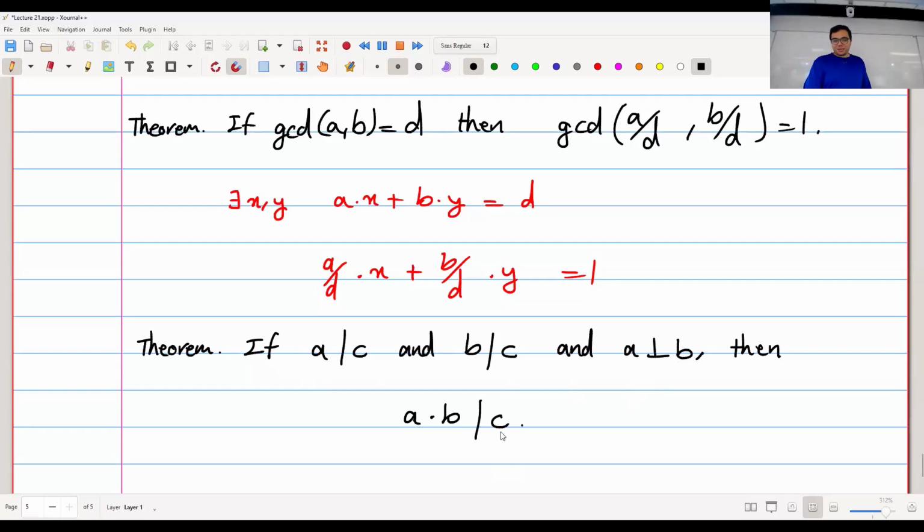So their multiplication should also divide C. So it would be super easy to prove this if we already had the fundamental theorem of arithmetic, which says that every number is a product of prime numbers, but we don't have that yet. Okay. So you have to prove this with what we have so far.